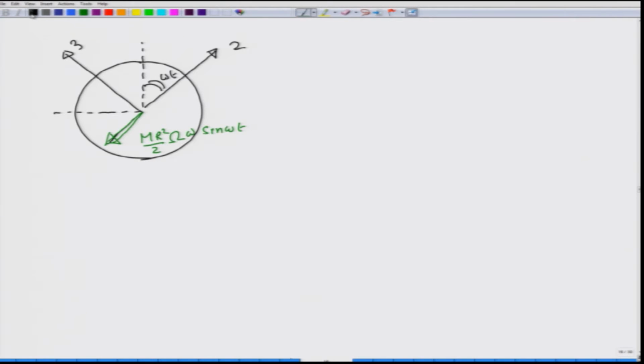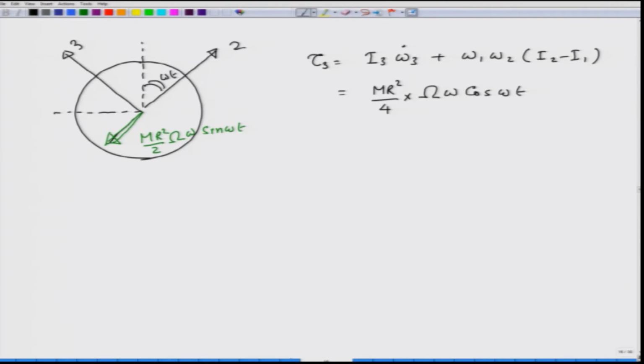Now, tau 3 is I3 omega 3 dot plus omega 1 omega 2 times I2 minus I1, and this is equal to I3, which is again mr square by 4, and omega 3 dot is nothing but capital omega, omega cosine of omega t, plus omega 1, which is minus v over r, omega 2, which is capital omega cosine of omega t, and I2 minus I1 is minus mr square by 4.